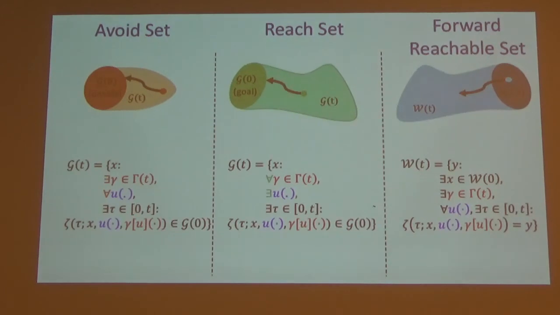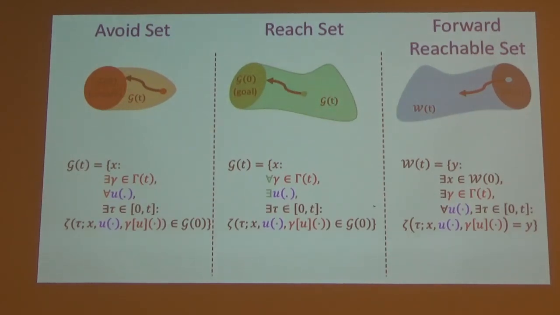And then here is the set of all states that I can reach from my current state. These are just a little bit of shuffling of the for-all and exists operators. Finally, all these sets can be computed using the Hamilton-Jacobi PDE. They will just look a little bit different in terms of the Hamiltonian.